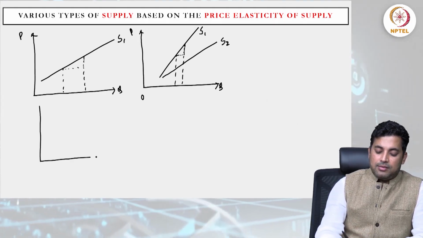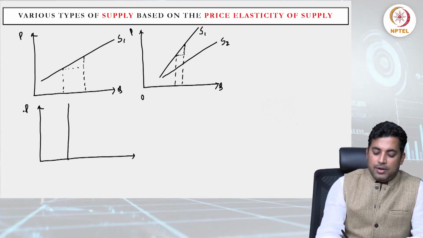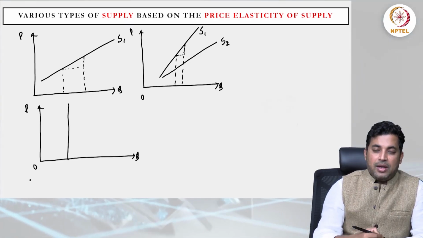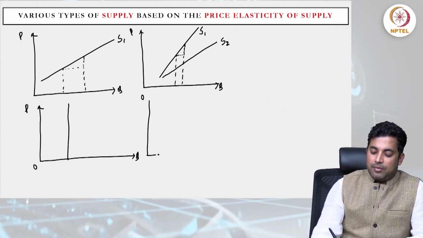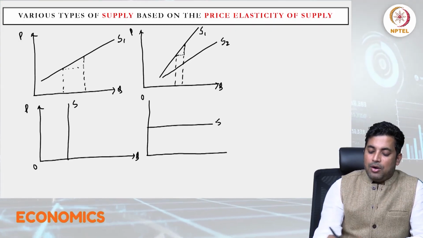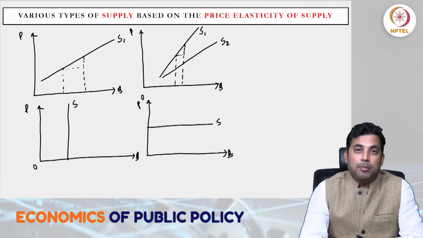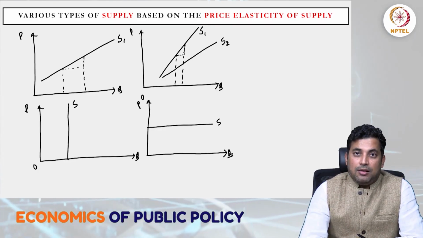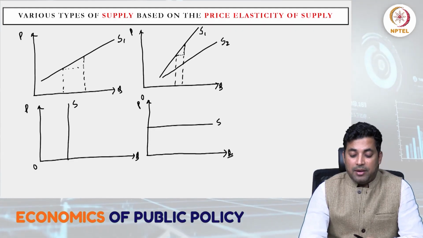Likewise, the supply curve also can be a vertical straight line in case of perfectly inelastic, and then the supply curve also can be a horizontal straight line in case of perfectly elastic price elasticity of supply.